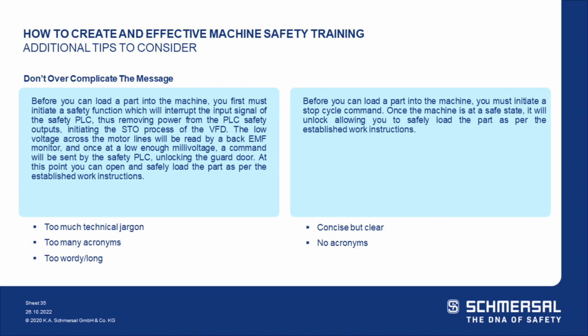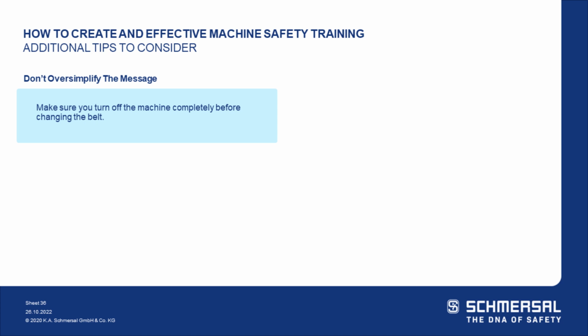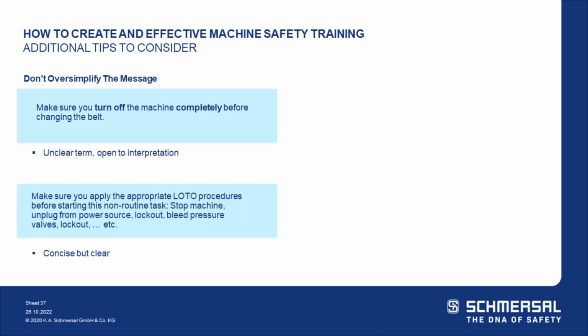Clear but concise. At the same time that we don't want to overcomplicate the message, we don't want to oversimplify the message either. For example, "Make sure you turn off the machine completely before changing the belt." If what I mean is just turn the machine off, then that's fine. But what if that's not what I meant?